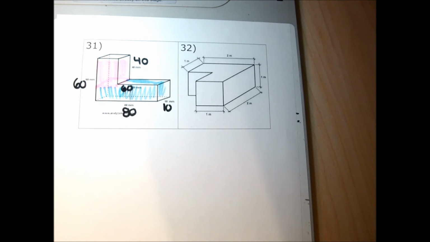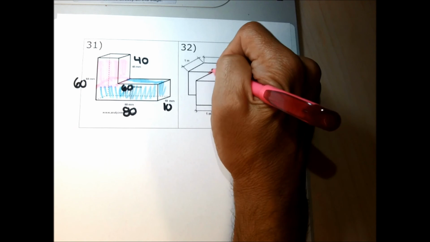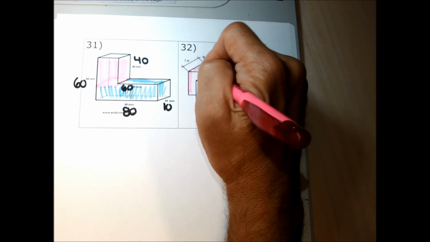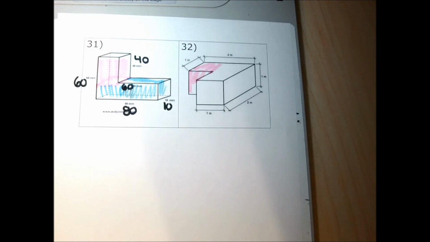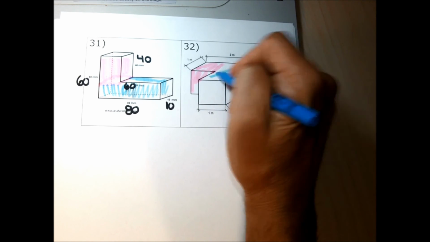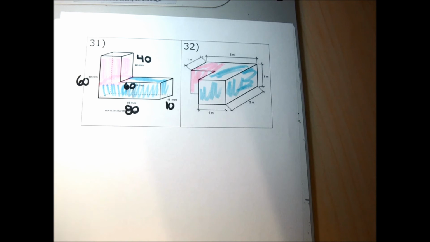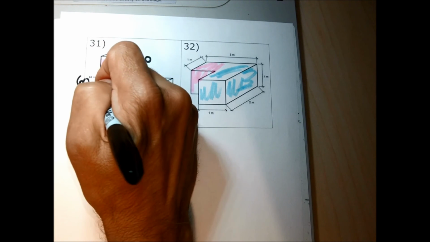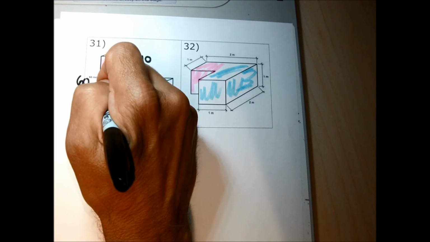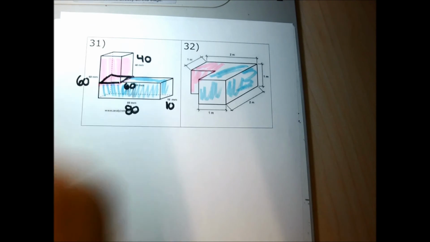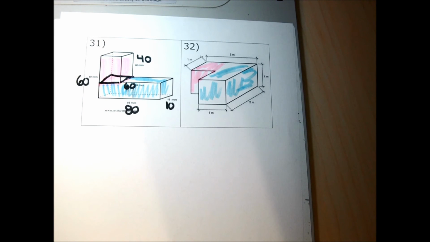So this one, I need to cut it into 2 rectangular prisms. On mine over here, I probably would have cut it into this rectangular prism and this rectangular prism if I had to, but I'm doing yours. So this top rectangular prism, I need to have 3 lengths, and I'm not sure if I have 3 lengths.